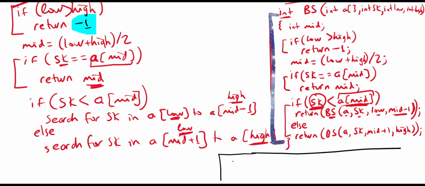You can say, for example, result is equal to binary search. You write your array name here, doesn't matter what it is, for example array, and we are looking for x, and we will search it between index 0 and index n minus 1, for example. When we call it, it will return a value.